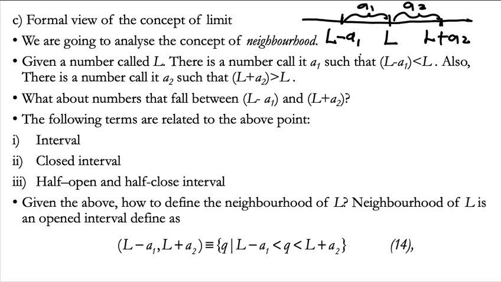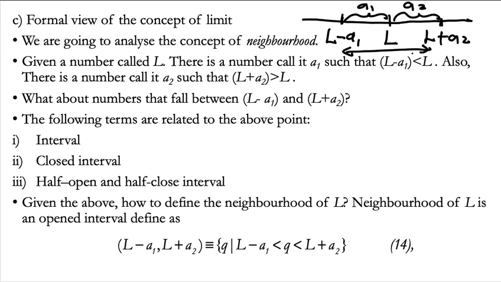So what about numbers that fall between this range? There are a lot of numbers that fall between this range, isn't it? Then we have the set of numbers that fall between L minus A1 and also L plus A2, isn't it? So this is basically an interval.